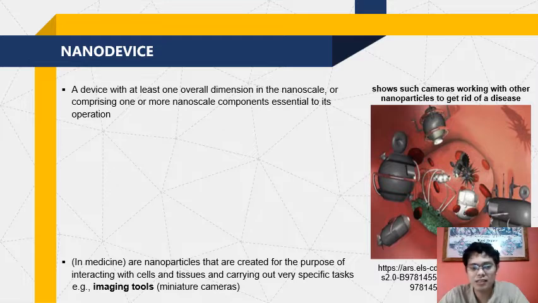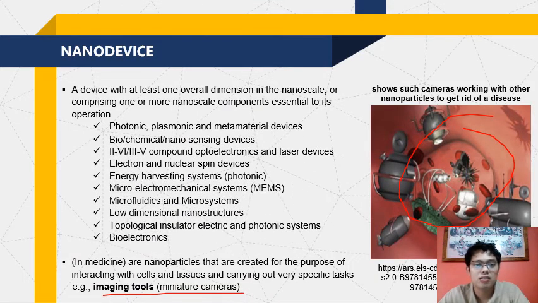So in medicine, nanoparticles are created for the purpose of interacting with cells and tissues and carrying out very specific tasks like imaging tools or miniature cameras like this one in this picture that is being shown here. So aside from cameras, we also have photonic, plasmonic, and metamaterial devices.